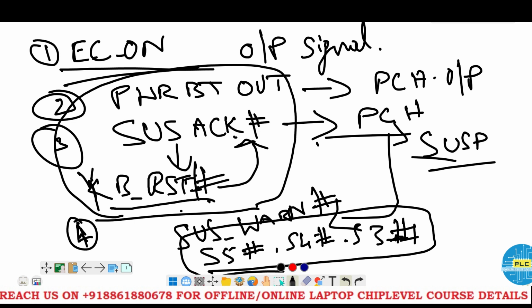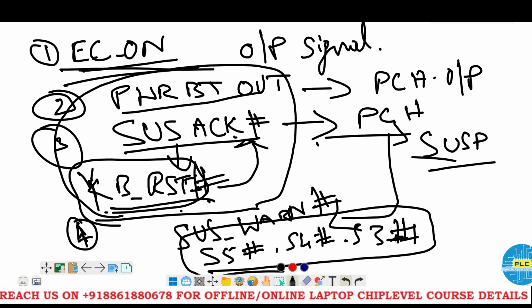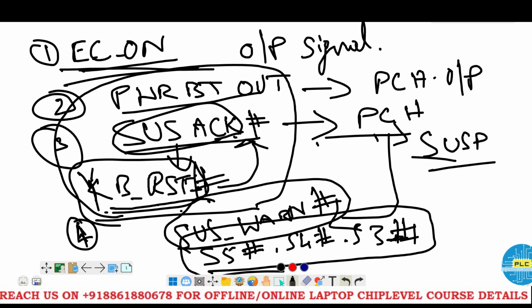Okay, so after pressing the power button, EC will release the EC on signal, power button out, sus acknowledgement, and keyboard reset. According to these signals, the PCH first gives the warn signal after resetting this.